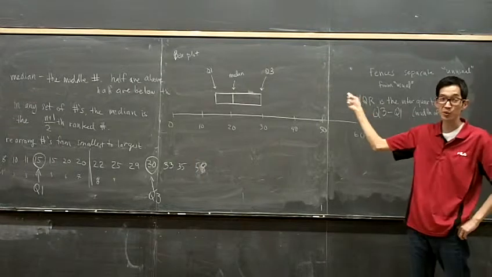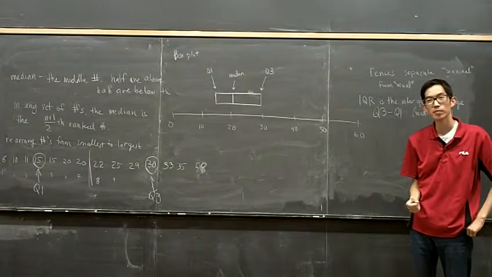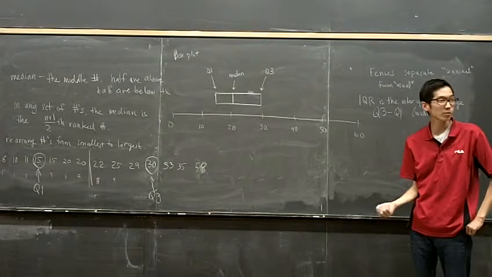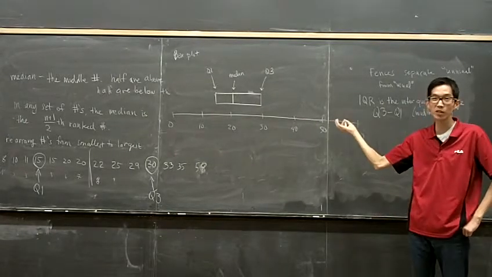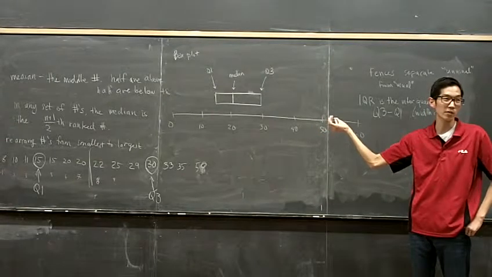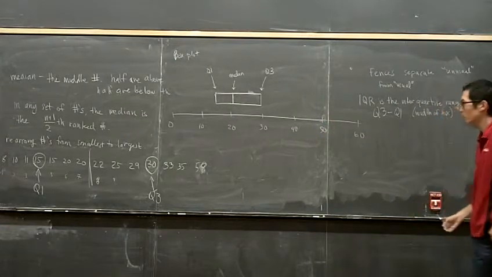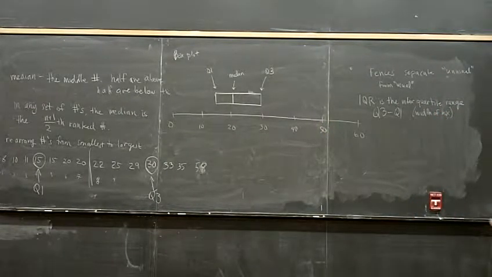What percentage of the data is within the box? 50%, right? Because Q3 is the 75th percentile and Q1 is the 25th percentile. 25% is smaller than Q1, and 75% is smaller than Q3, so 50% is within the box.